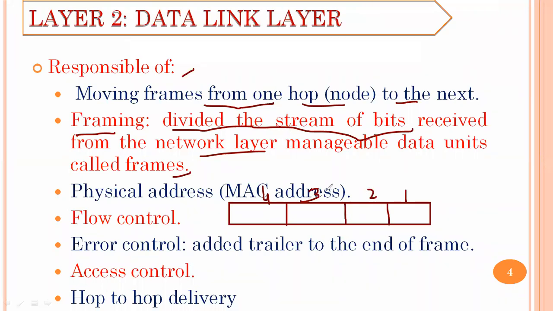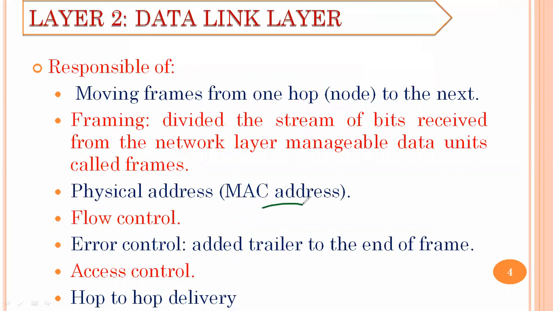So sequence numbers 1, 2, 3, 4 will be allotted, and the data will be sent with these sequence numbers to the physical layer, and the physical layer will receive only the frames.